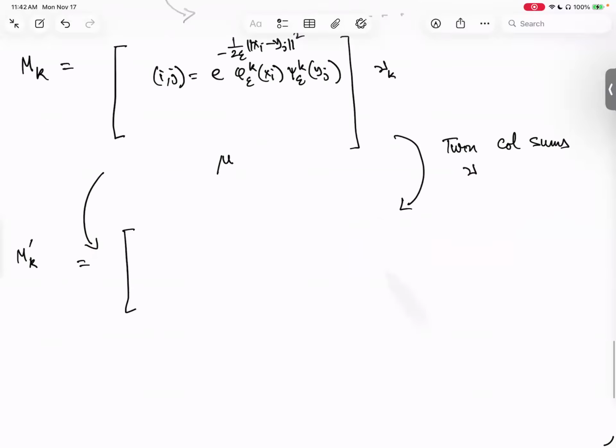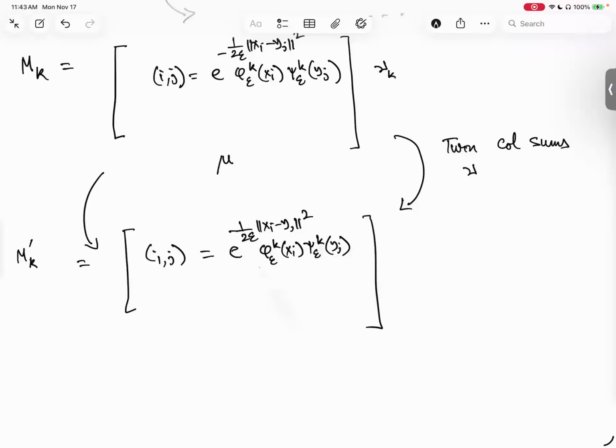My ijth term would be the original ijth term, which is e to the power minus 1 over 2 epsilon, norm of xi minus yj norm squared, phi epsilon k xi, psi epsilon k yj. I would divide by nu k at what entry?